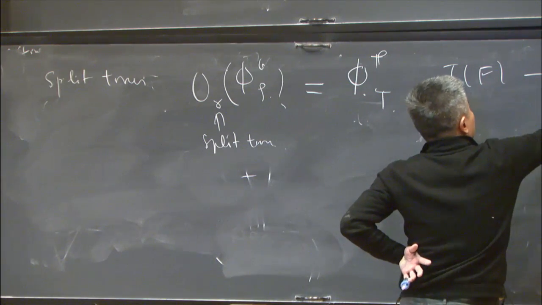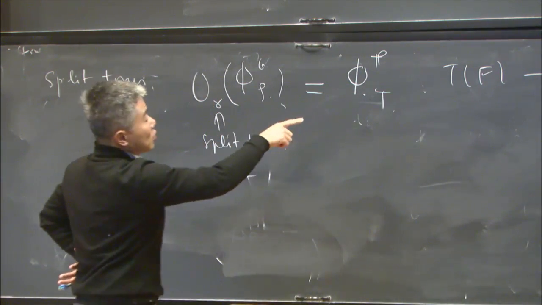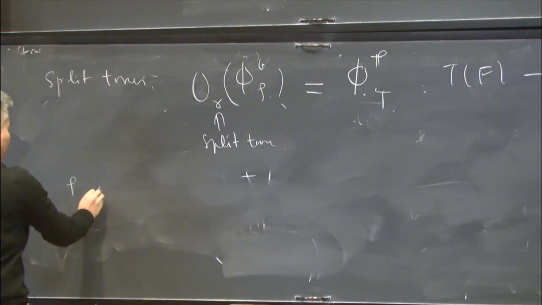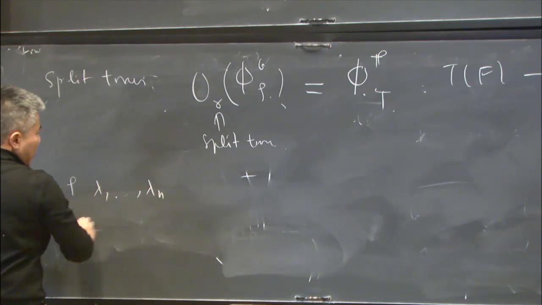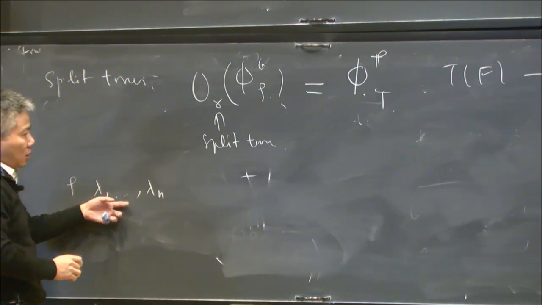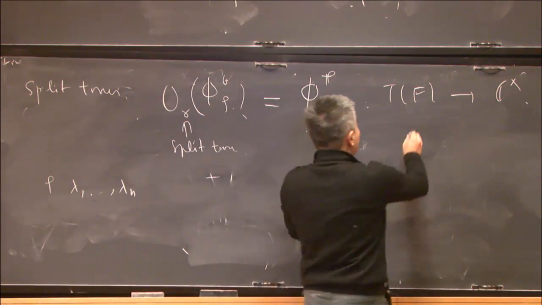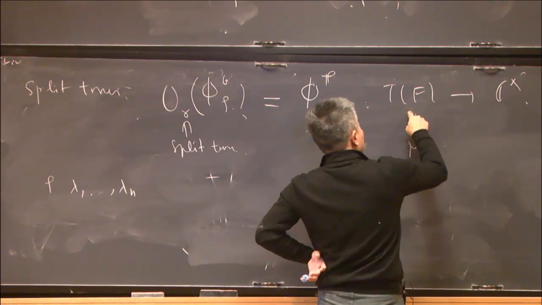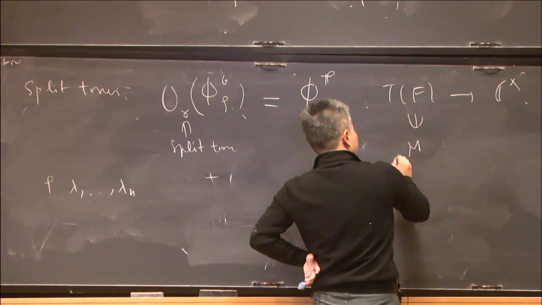And of course, because you have these weights lambda 1 through lambda n, this is multiplicity free, right? And then this function is just, for any mu inside this, p of mu.